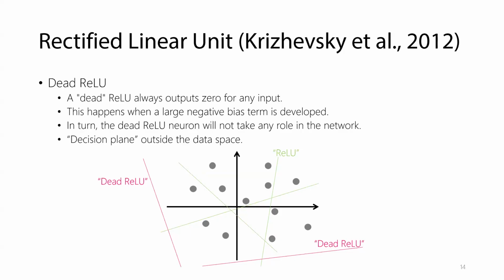So you end up producing a lot of waste. Out of how many million parameters, how many million neurons you may have in your architecture, you may end up having a bunch of dead ReLUs, even from the get-go, depending on how you initialize your weights. And once you're stuck in this situation, right?